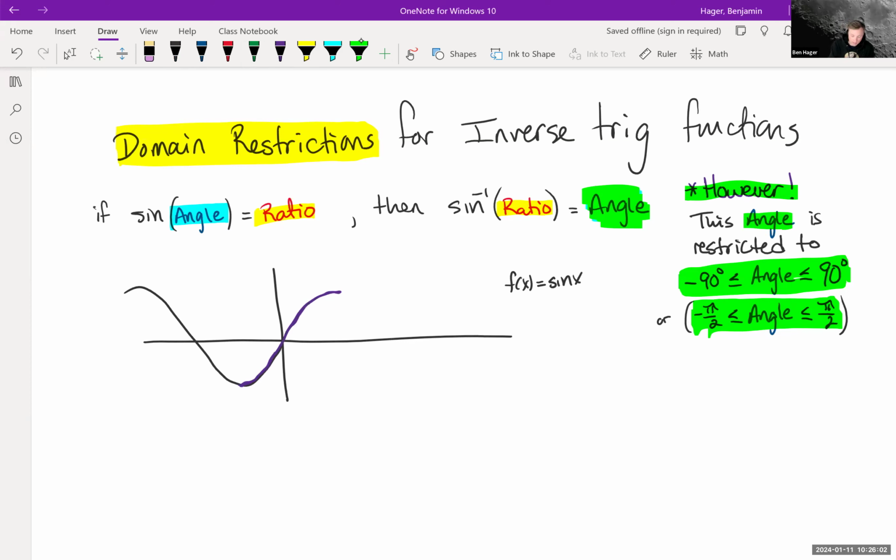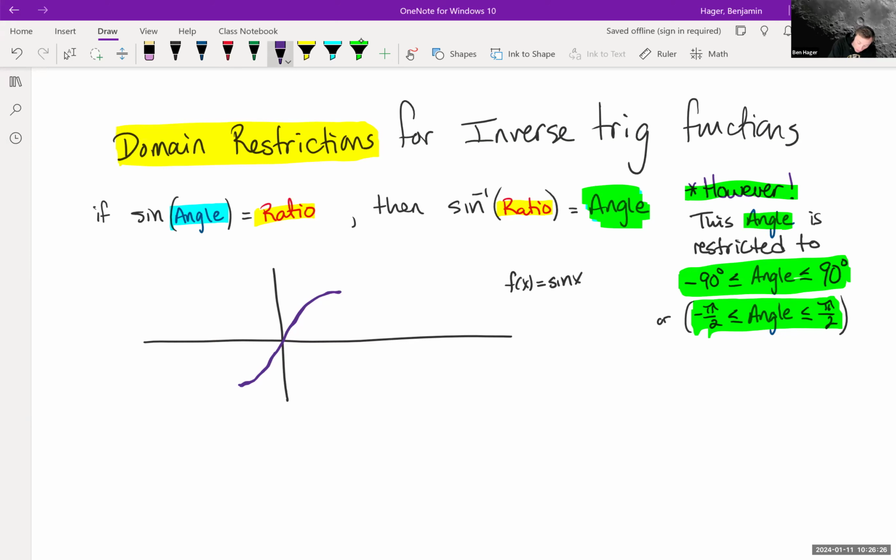Let's delete it. Looking at that chunk of the sine wave is 1-to-1. If you slip a horizontal line through it, it intersects at only one point. And if you noticed, even though I deleted the rest, this chunk covered all the possible outputs of sine. It went from the lowest point to the highest point.